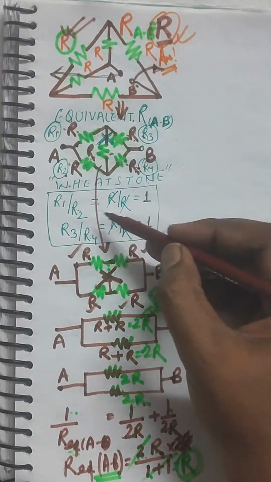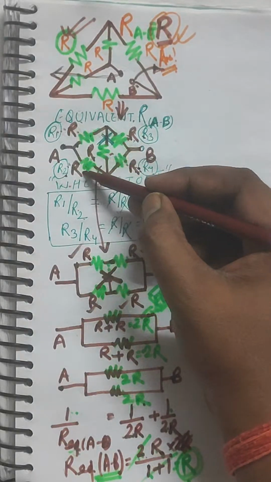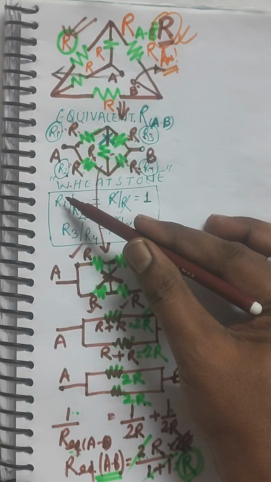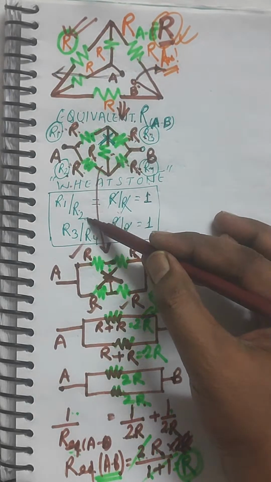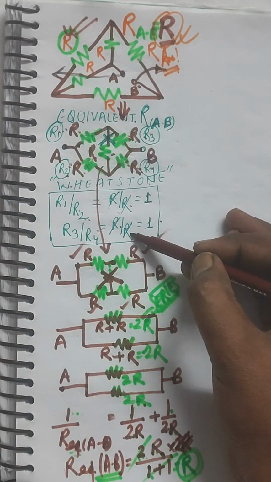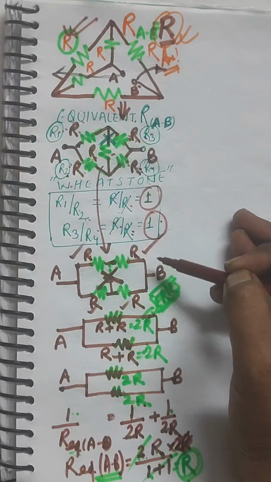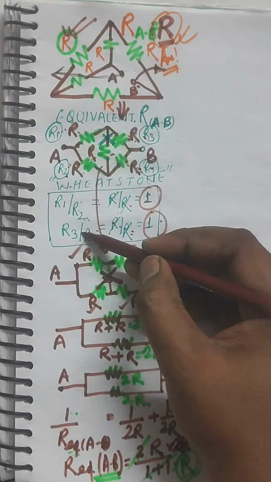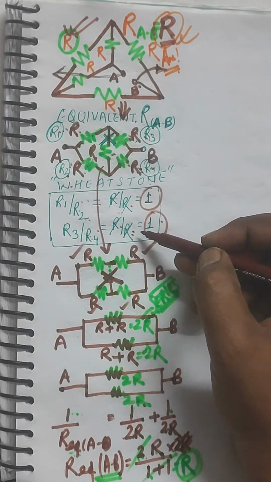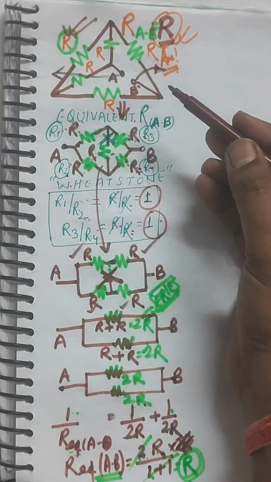This condition is followed here, because if you put in the values of R1, R2, R3 and R4, the ratio R1 by R2 is 1 and R3 by R4 is also equal to 1, because all the resistances are of value R. So since 1 is equal to 1, the Wheatstone bridge condition has been followed. In this condition, no current flows through the central branch, where, if you recall, there was a galvanometer connected.